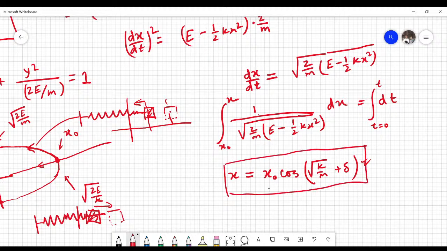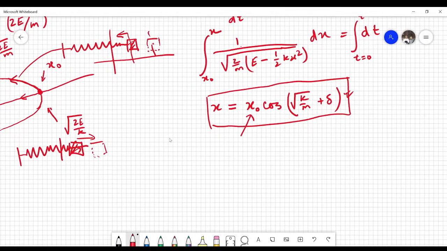So this result actually tells a lot about the mass spring system. Number one, x naught tells you the initial position, like the maximum amplitude of your system. So by your x naught you can calculate the maximum amount of energy, or the total energy of your system, just using this formula: E equals half k x naught squared, because when x equals x naught, velocity is going to be 0.